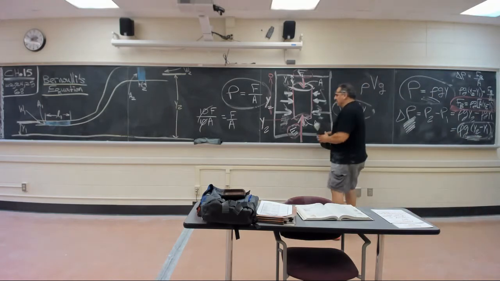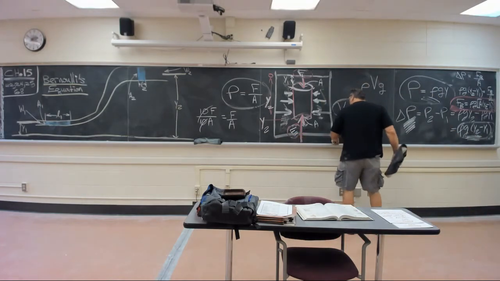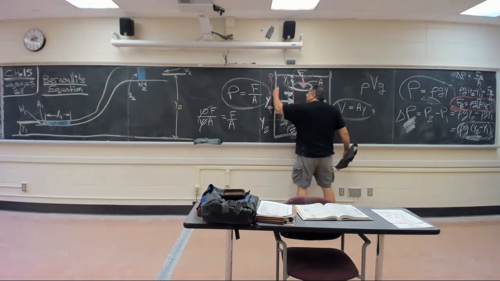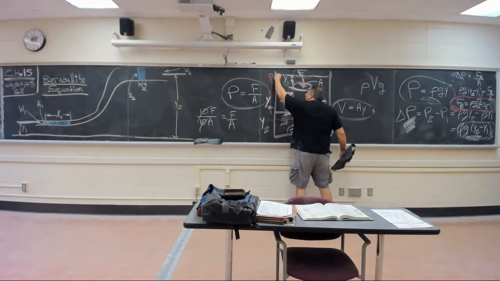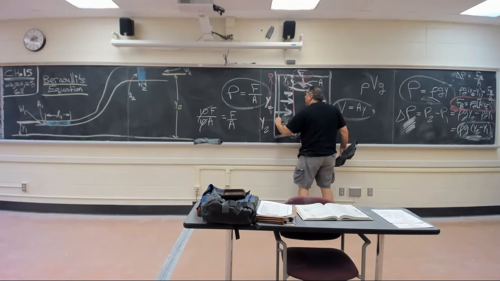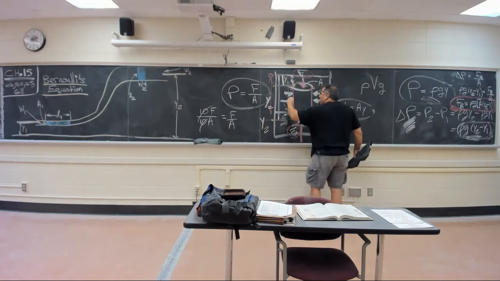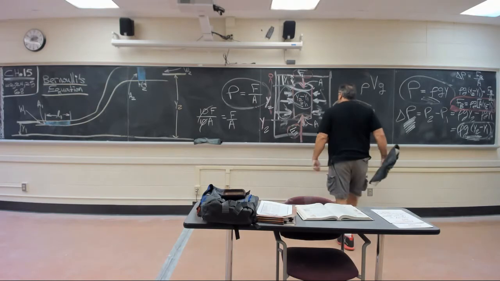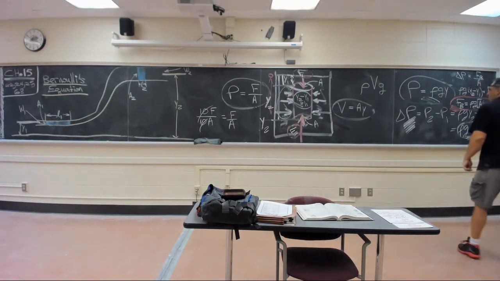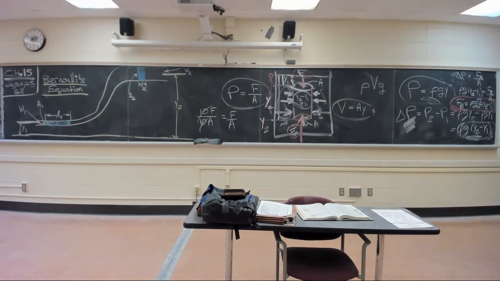Well, wait a minute. Hold the phone here. If all the way down to here is y2, and all the way down to here is y1, the difference between the two, y2 minus y1, is the height of the cylinder.